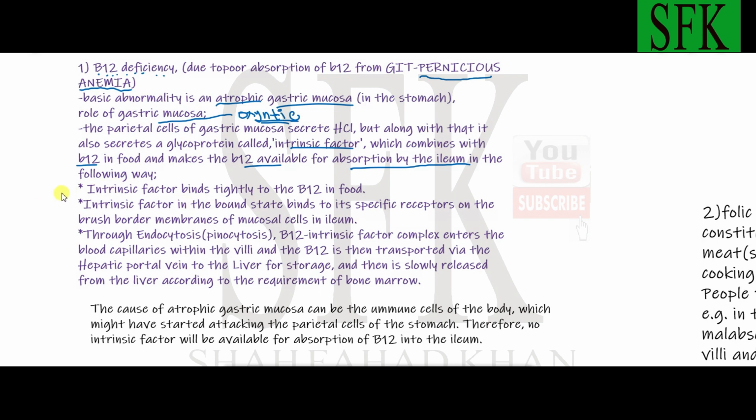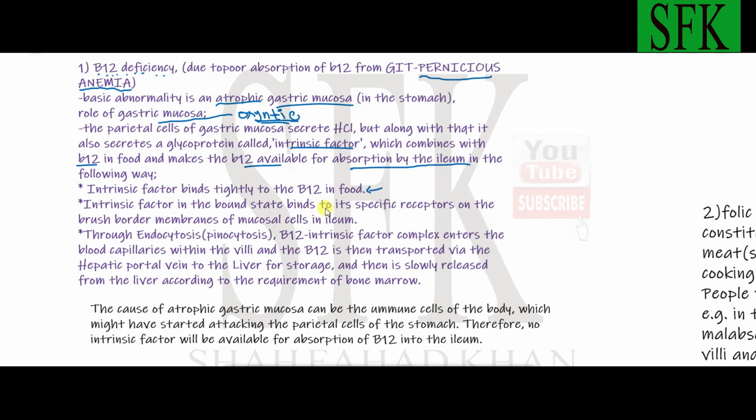Okay, firstly, the intrinsic factor, since I told you that it's a glycoprotein, is secreted by the parietal cells. It binds to the B12 in the food, and this binding is quite tight. After this, the intrinsic factor B12 complex moves in the bound state to the brush border.